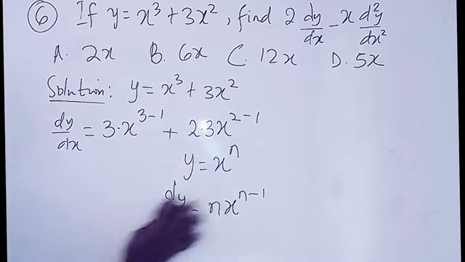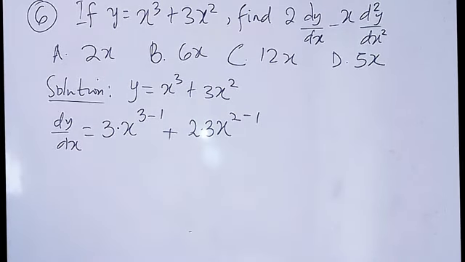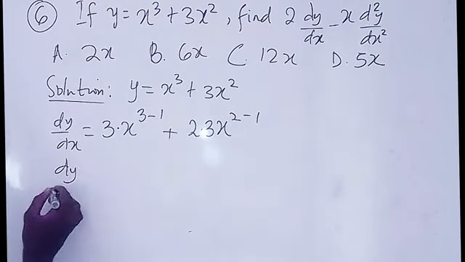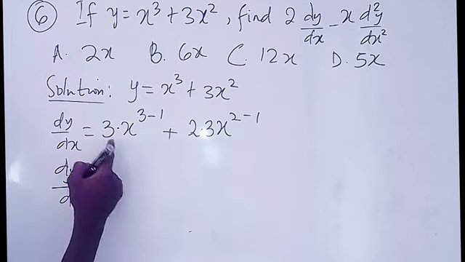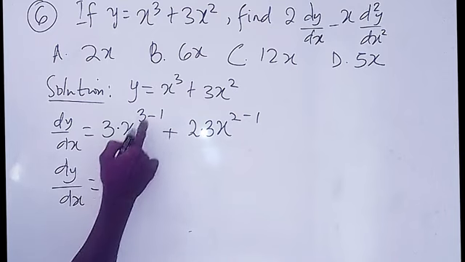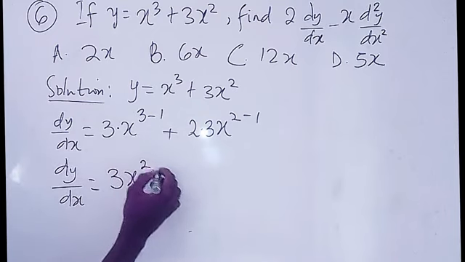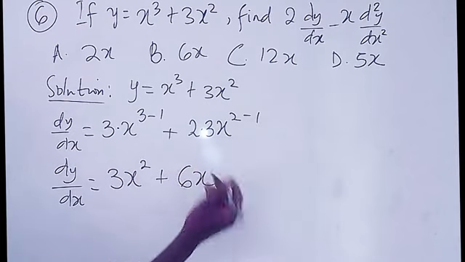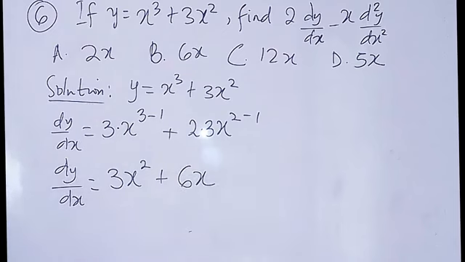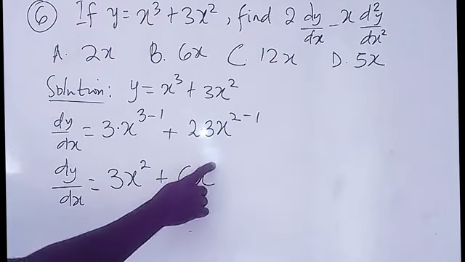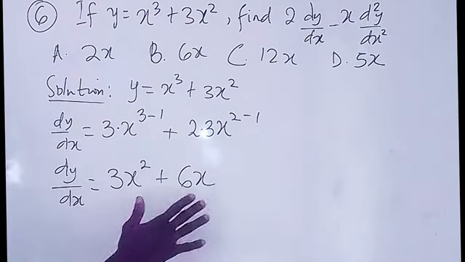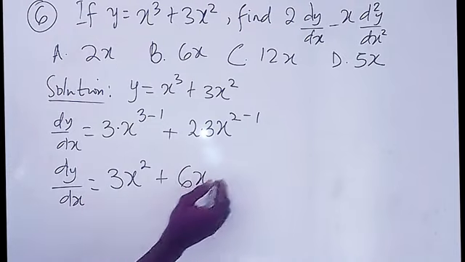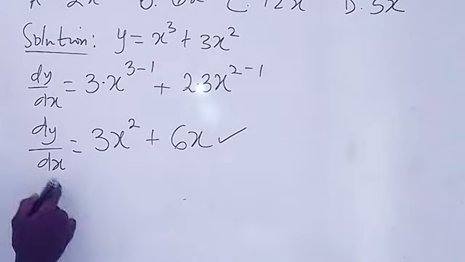So from there, dy/dx is now going to be 3x to the power of 3 minus 1, which is 2, plus 2 times 3, we have 6x, then 2 minus 1 we are going to have 1, and x to the power of 1 is the same thing as x. So we have that. That is the first thing we're going to do, which is dy/dx.